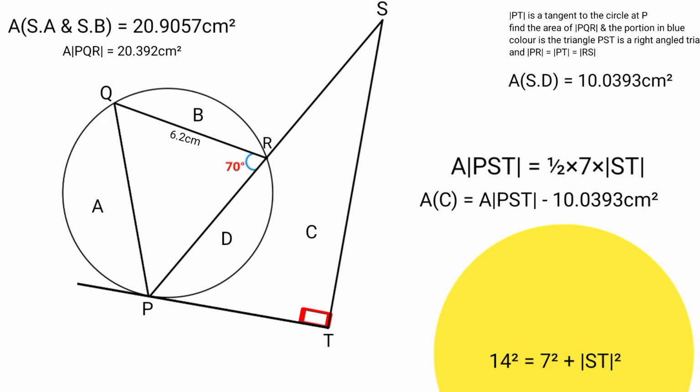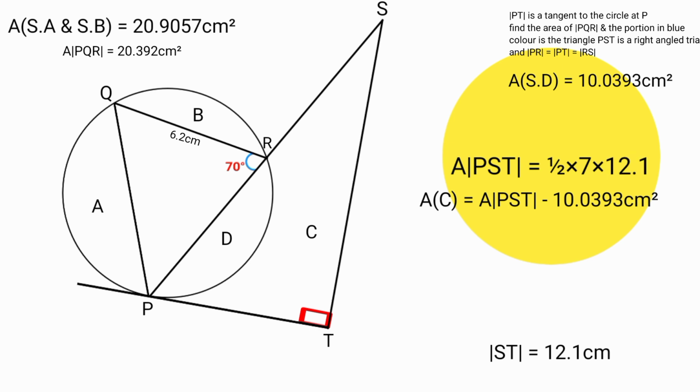Making line ST the subject, line ST equal to square root of 14 squared minus 7 squared, which if you press the calculator equal to 12.1 approximately. So line ST equal to 12.1 centimeters. Substituting here now, area of triangle PST equal to 1 over 2 times 7 times 12.1, which is 42.35.